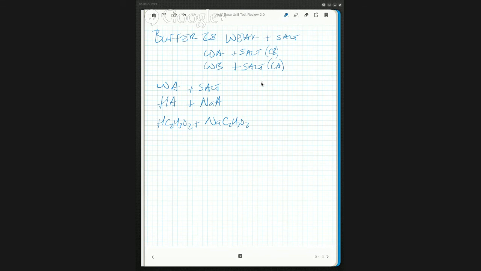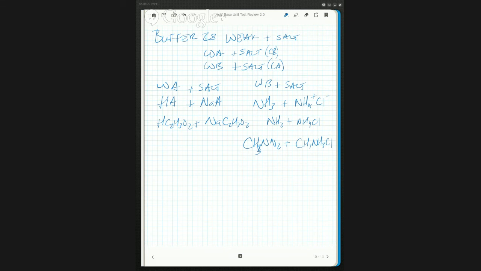And if it is a weak base plus its salt, it's oftentimes NH3 plus NH4+ with Cl-, so actually it would be written like NH3 plus NH4Cl. Or if it's organic, you have CH3NH2 plus CH3NH3Cl, something like that, okay?